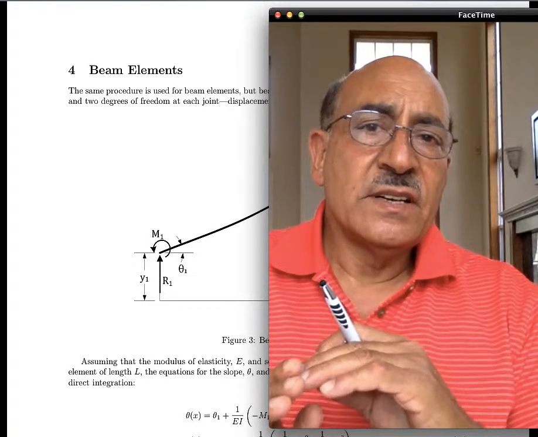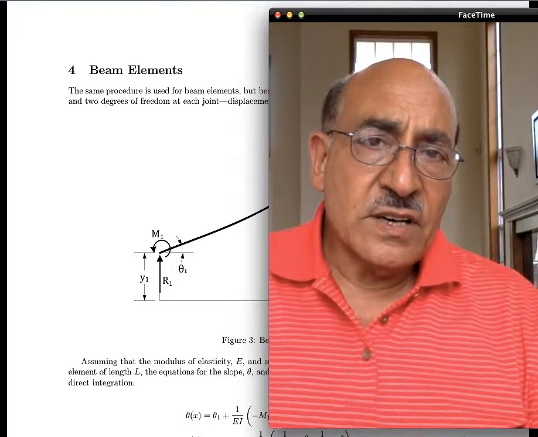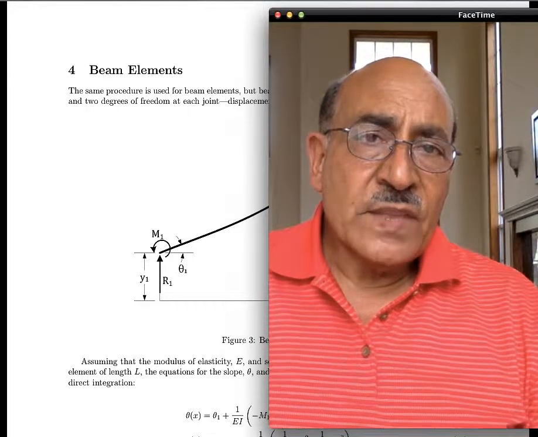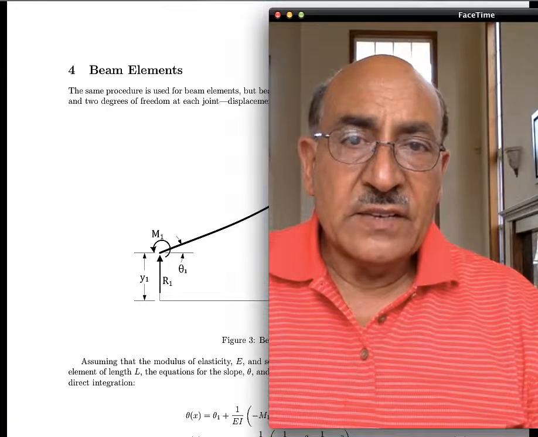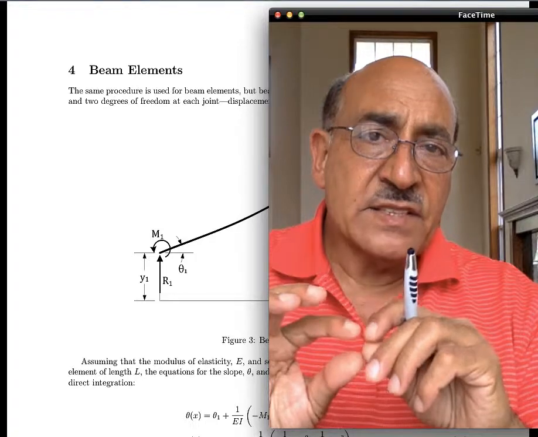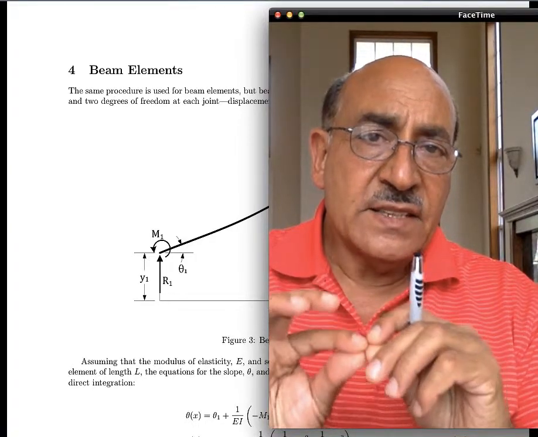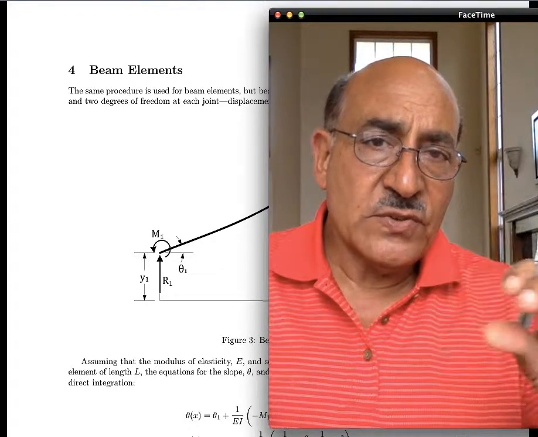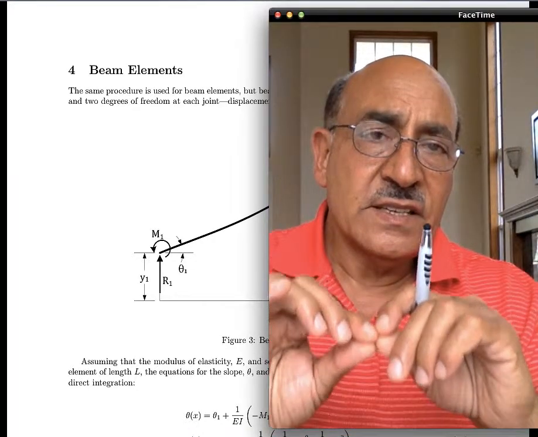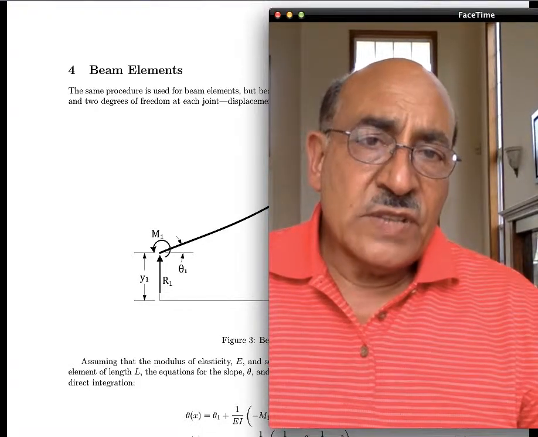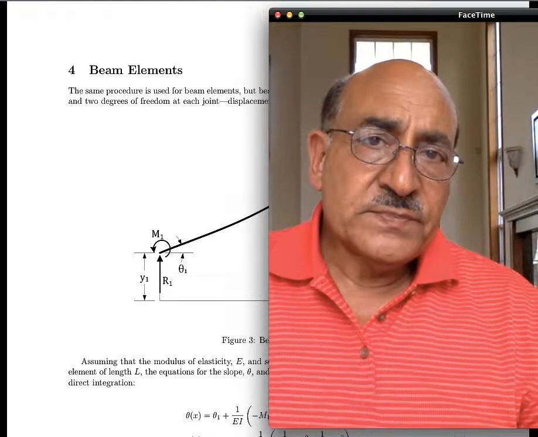So if we have a distribution of forces on a beam element, then we have to do something about it. The way to do it is to assign these forces to the nodes. We can just add up, integrate over the element, and then split it accordingly to the left node and to the right node.